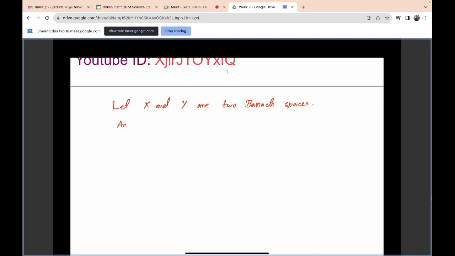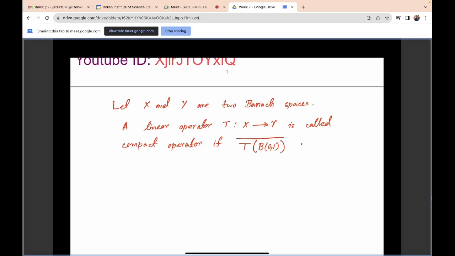A linear operator T from X to Y is called a compact operator if we take the image of the unit ball B(0,1) under T and take the closure, this should be compact in Y, because it maps to Y. So the closure of the image of the unit ball should be compact.